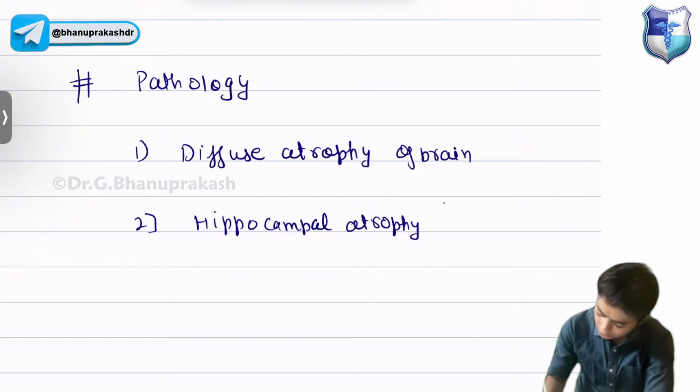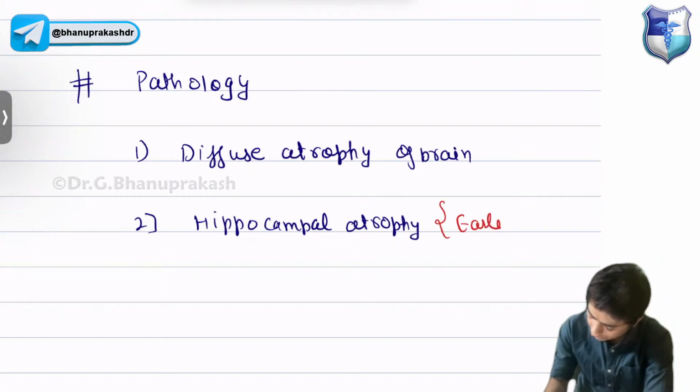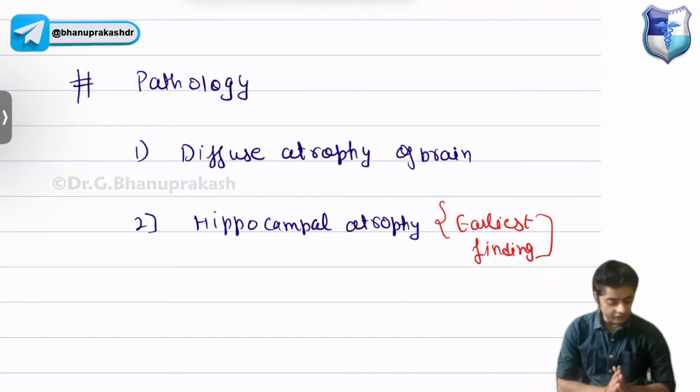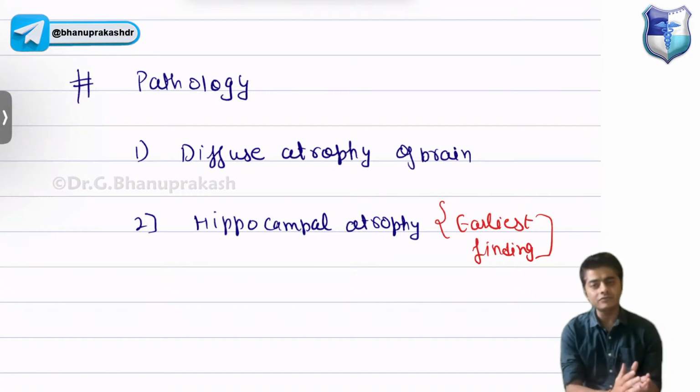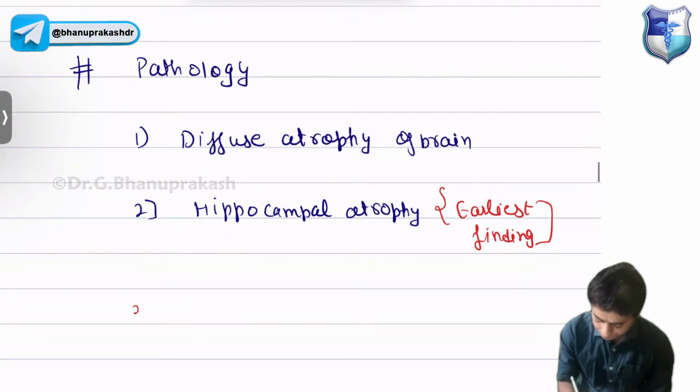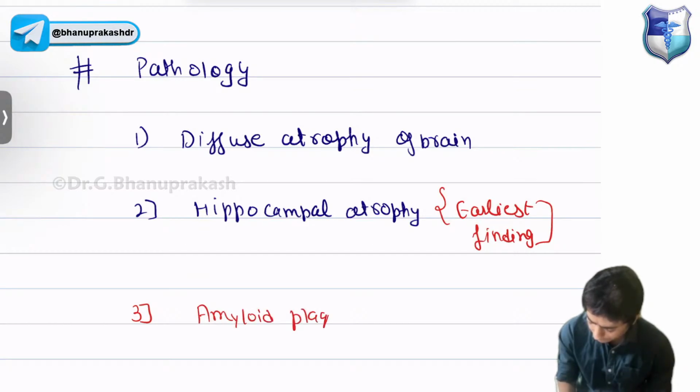The earliest finding is hippocampal atrophy. Okay? Then everyone, the most important pathology is diffuse atrophy of the brain, then hippocampal atrophy, and last but not the least, amyloid plaque and NF tangle.